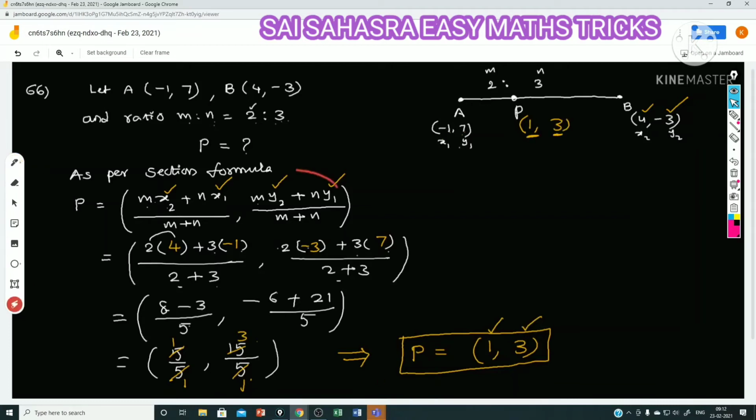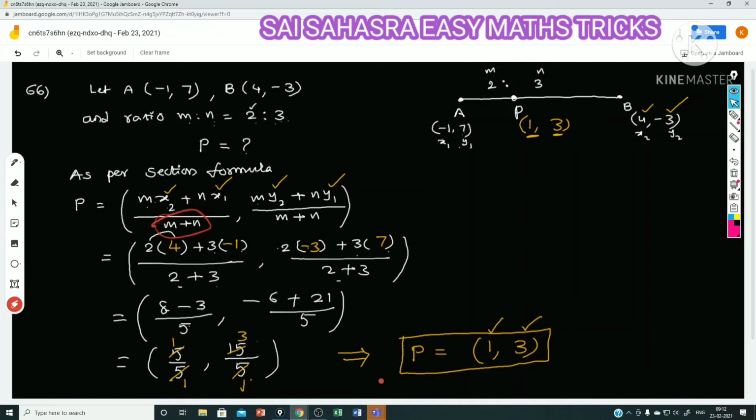You tell me. First you have to write the correct formula. Then see, how to write the formula I also told you. Mx2, first x coordinates we are writing. When we are writing x coordinate, this is x2, this is x1. When you are writing y coordinates, this is y2, this is y1. Just remember this one, automatically this one will come. So m x2 plus n x1 addition.